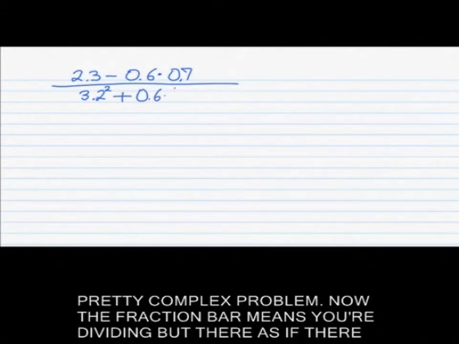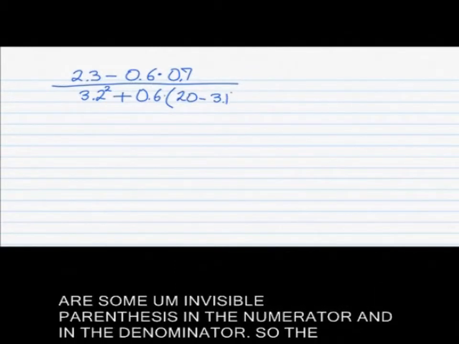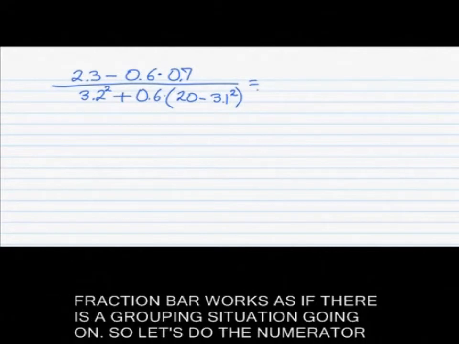So this is a pretty complex problem. Now the fraction bar means you're dividing, but it's as if there are some invisible parentheses in the numerator and in the denominator. So the fraction bar works as if there is a grouping situation going on.